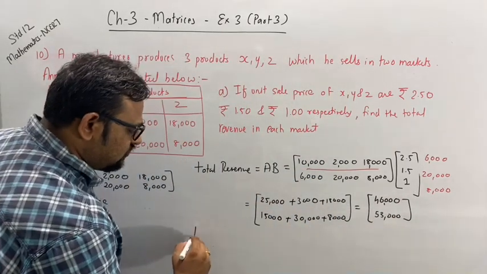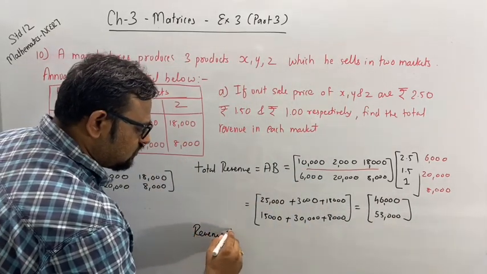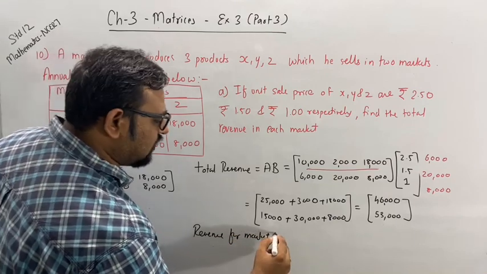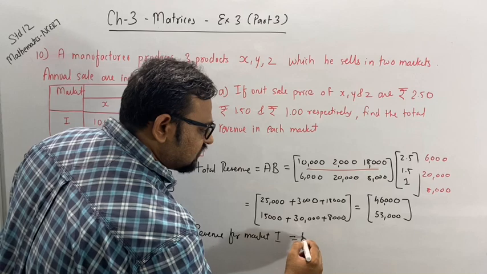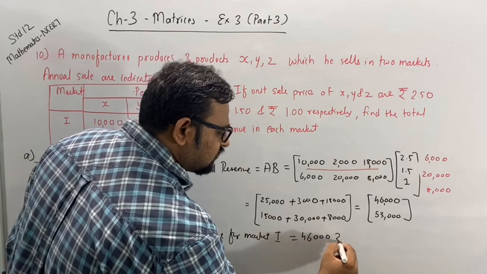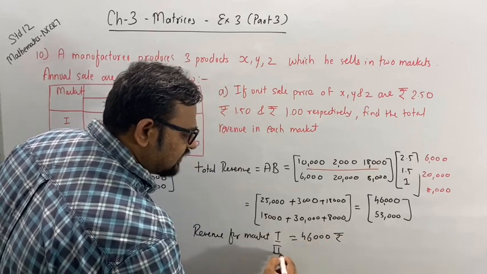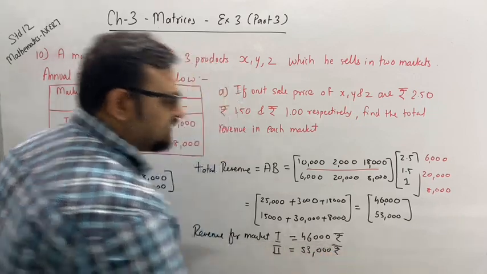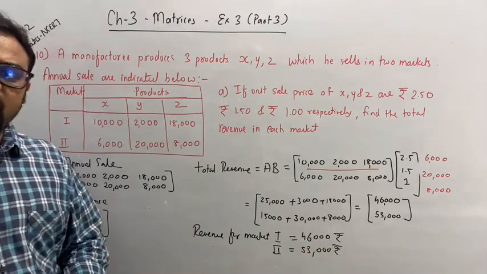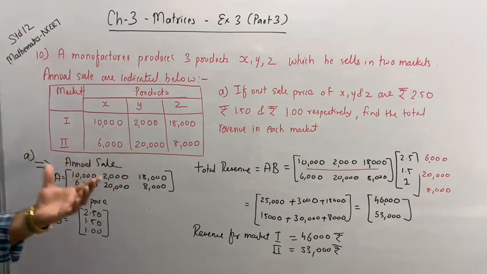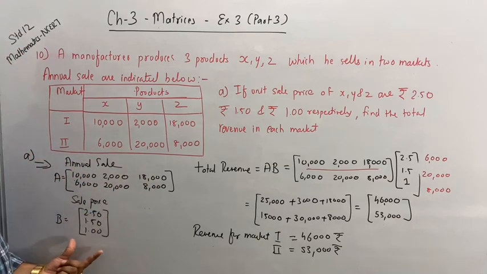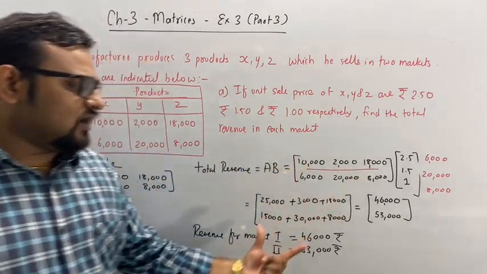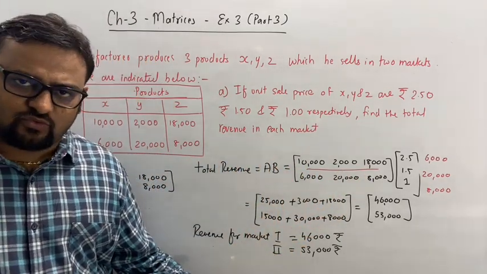So the revenue for market 1 is 46,000 rupees, and for market 2, 53,000 rupees. Clear? So what we did: we made a matrix for annual sale and a matrix for sale price, and then we multiplied them to find the total revenue. Clear?